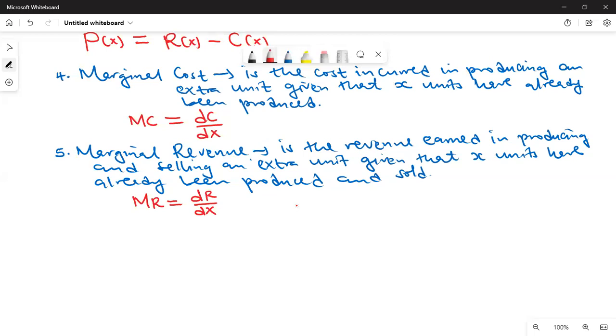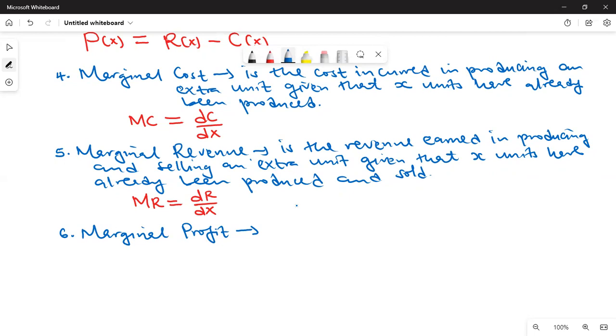Another one is marginal profit. So that is number 6, marginal profit. Marginal profit, what does it mean?